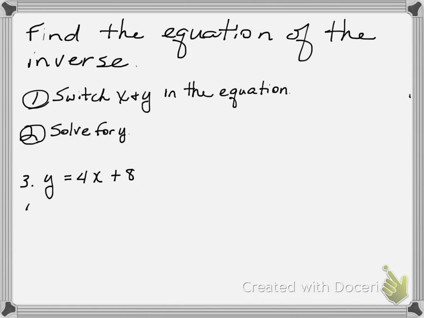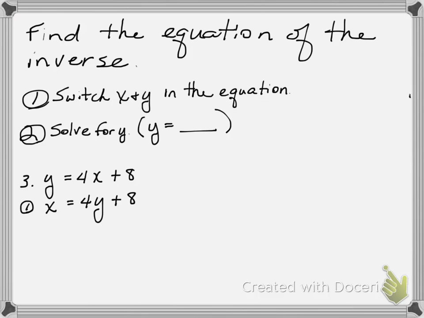So step 1, when I mean switching x and y, what that means is that this y is going to become an x, and the x is going to become a y. And that's all we did, is swap them. That makes sense, because when you plotted points for the graph, you swapped your x's and y's, and that was the new graph. So this is swapping x and y, and now you're going to have a new equation. The second step, when I say solve for y, is make it y equals everything else.